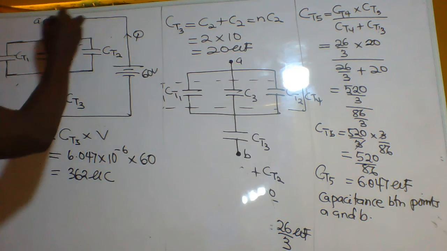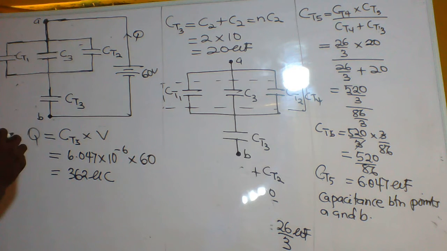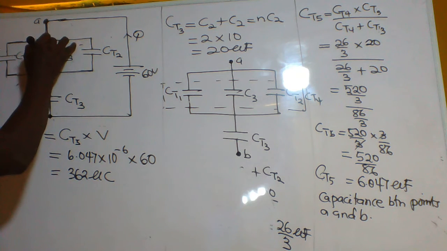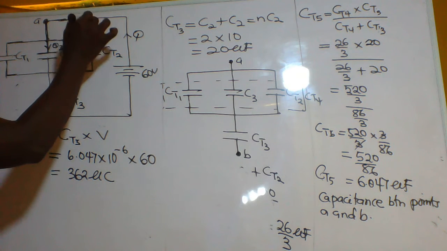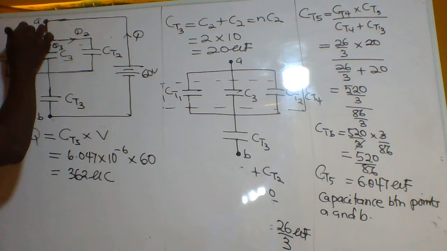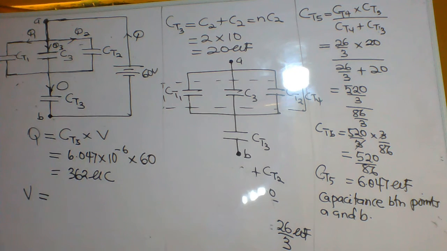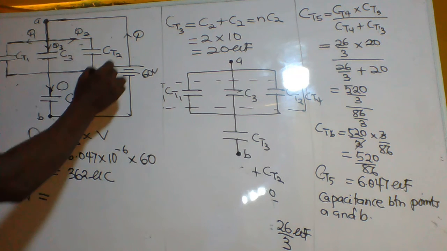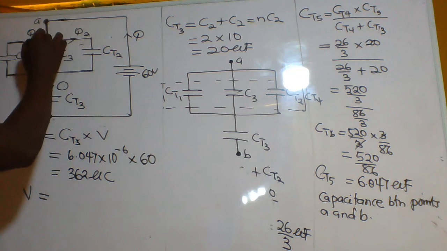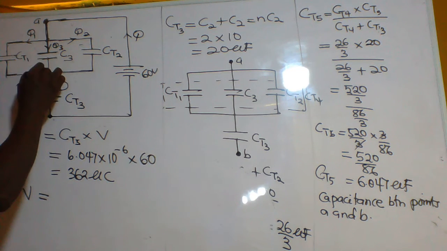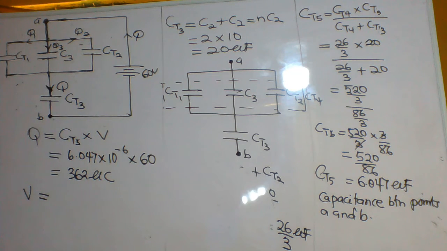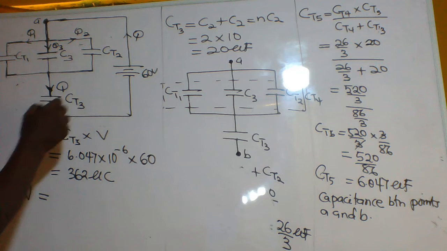Now when this charge gets to the junction, it breaks into Q3, Q2, Q1, and then upon returning will pass through this. So charge Q comes into this.